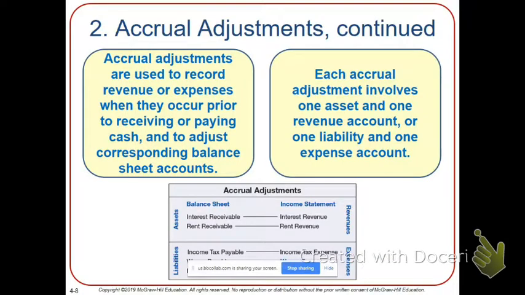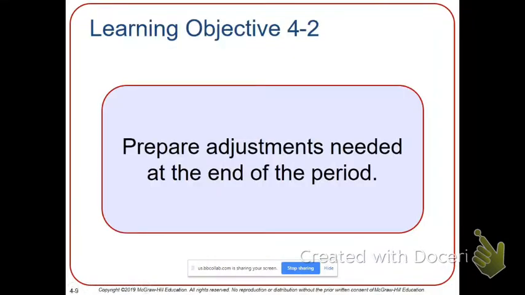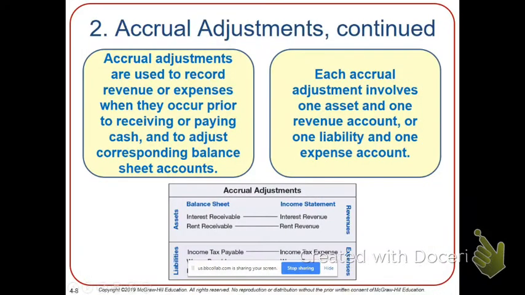They always have a revenue and an expense as well, and you're going to pay the cash later. Again, one asset, one revenue, one liability, one expense. Always the same type of thing happening.